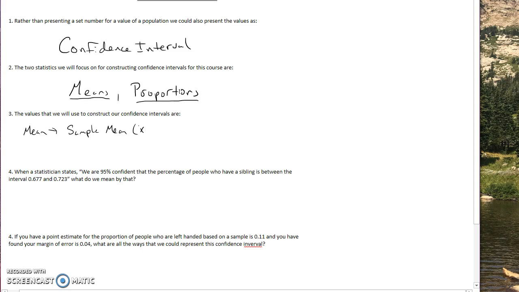Remember, the symbol for sample mean is X bar, and a margin of error, which we will call E. If we are calculating a confidence interval for a proportion, then we need a sample proportion, which we call P hat, and also we need a margin of error.